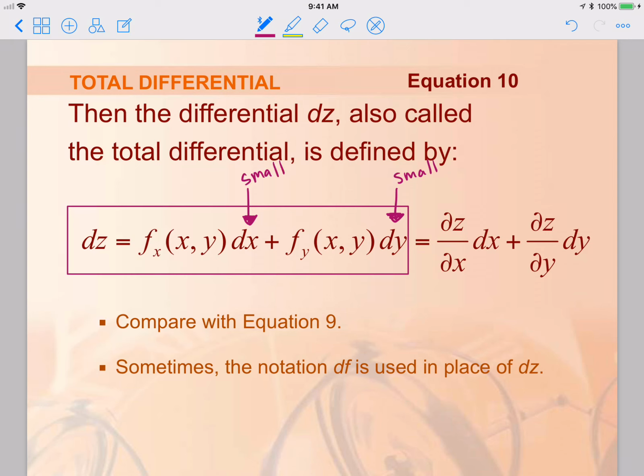And we're assuming that f is differentiable, so these derivatives, fx and fy, definitely exist, and we're able to approximate f very well with the linear approximation. Now this is called the total differential because it takes into account the x direction and the y direction.